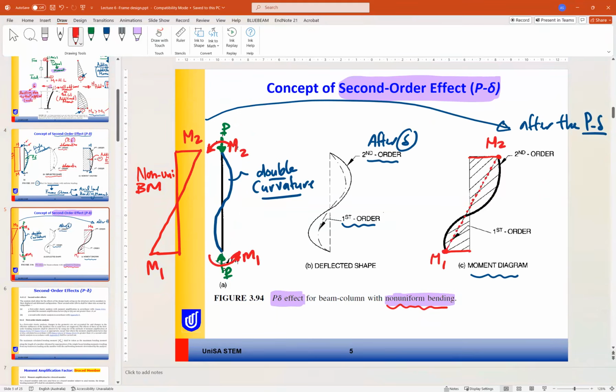Due to buckling, the moment will be second order, or parabolic, due to the P delta effect being accounted for.